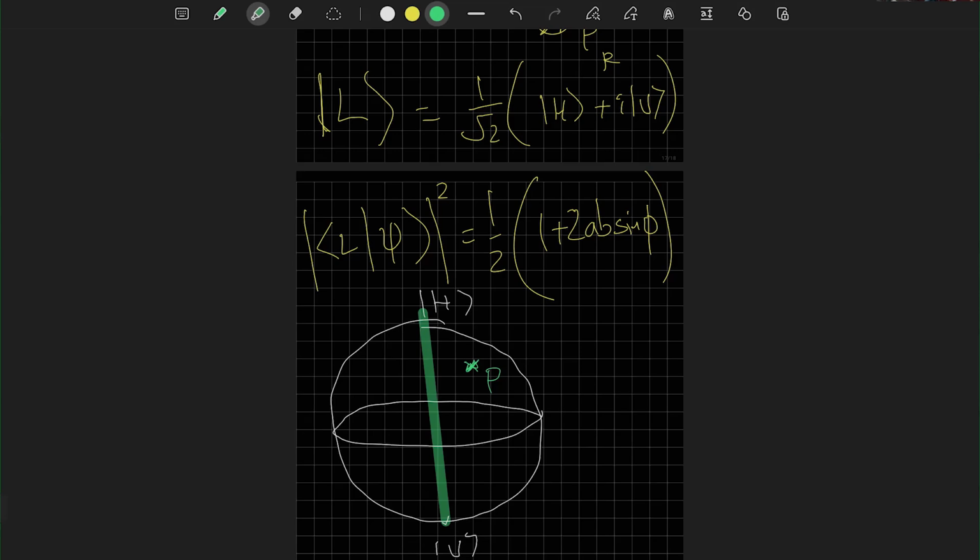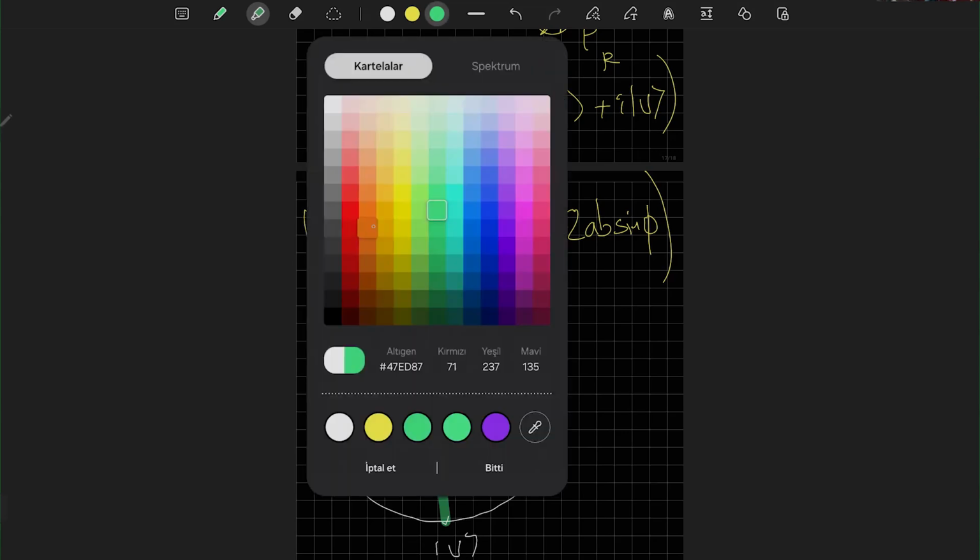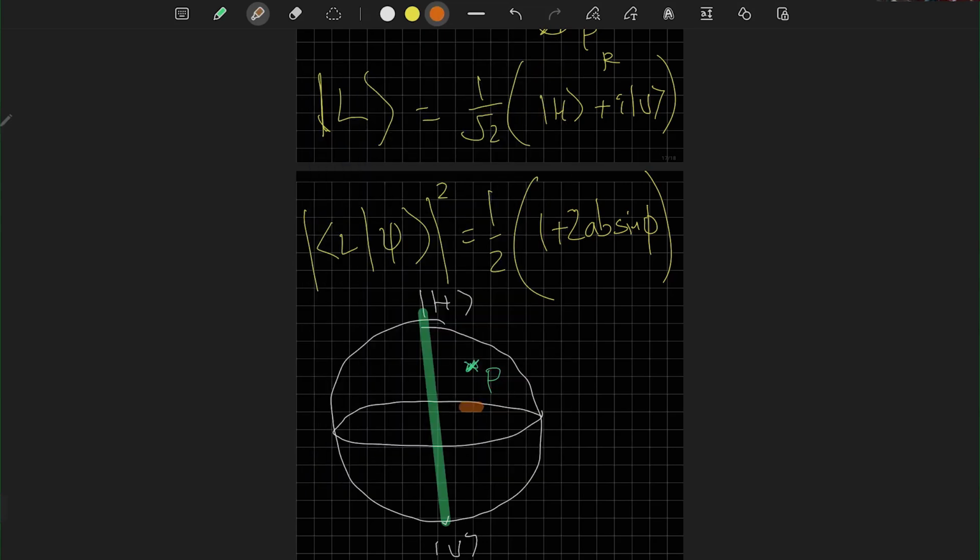So in the first experiment, you project onto this axis. In the second experiment, you project onto the DA axis, in the equatorial plane. So you find one component of P, then you find another component of P. But then you need to know whether your phi is positive or negative, which side it is.